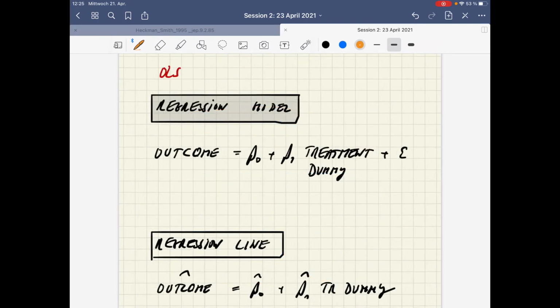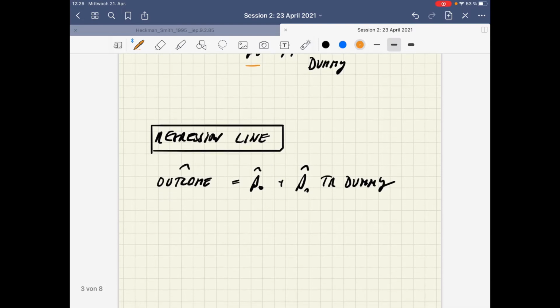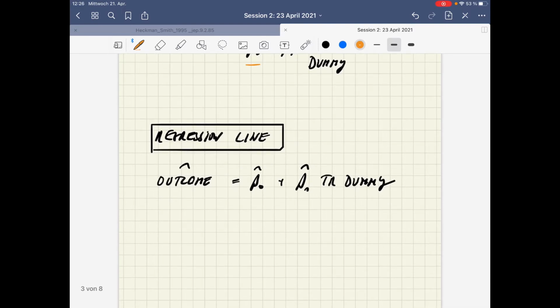So using econometrics to measure the causal effect, we take a regression model, with the outcome which depends on the intercept and an estimated treatment dummy, and the regression line is then the outcome hat equals beta 0 hat plus beta 1 hat times the treatment dummy.